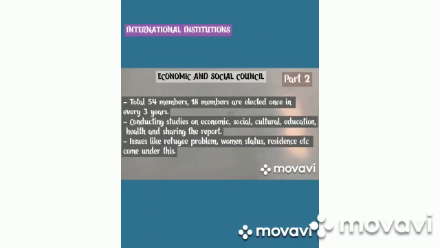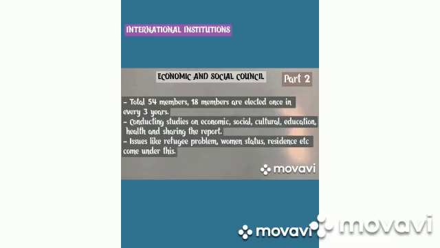This council conducts studies on economic, social, cultural, education, and health matters, and then they share the report. They study these matters in different countries and forward the report to UNO. Suppose there is a problem, then depending on the report, UNO will find the solution.